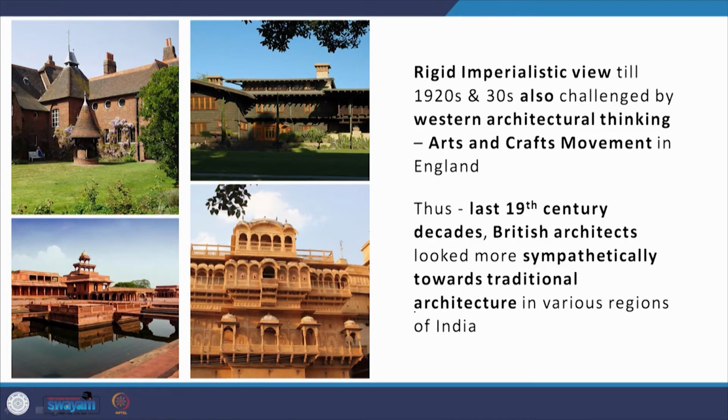Let us just say that there is the arts and crafts in Britain, and then there is the Art Nouveau in mainland Europe, which goes under various names in different countries of Europe. Thus in the last part of the 19th century, British architects looked more sympathetically towards traditional architecture in the various regions of India, because a similar reaction was happening in the West under the arts and crafts movement.